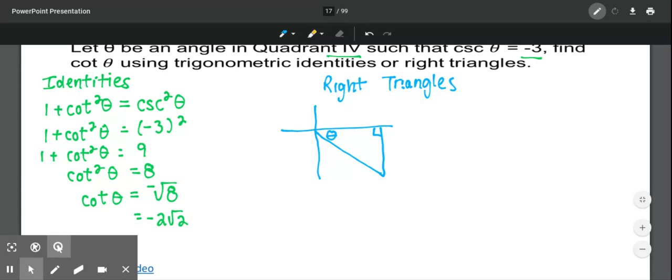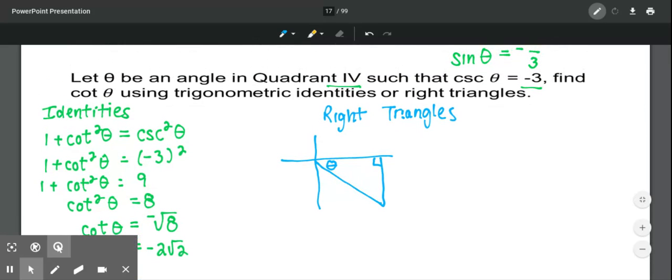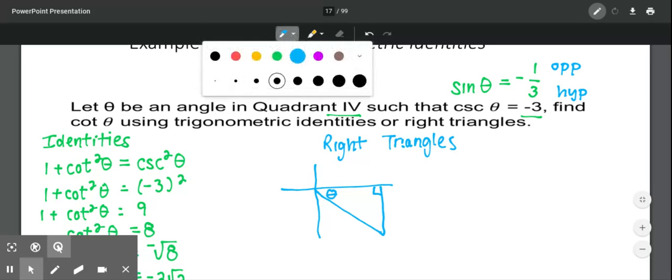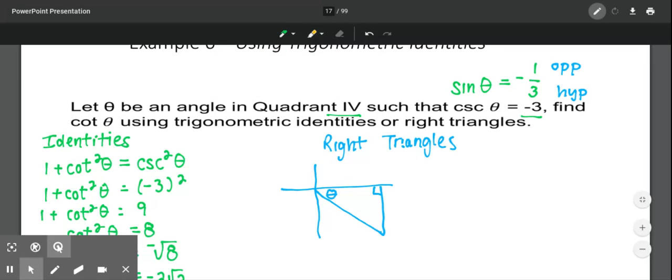If cosecant's -3, and we know that the sine is -1/3, remember that your ratio for sine is your opposite over your hypotenuse. So if we were to label this triangle with that ratio for sine, our opposite side is 1. Our hypotenuse is 3, but sine's negative, and you notice that this 1 went in the negative direction, so that y side is negative.